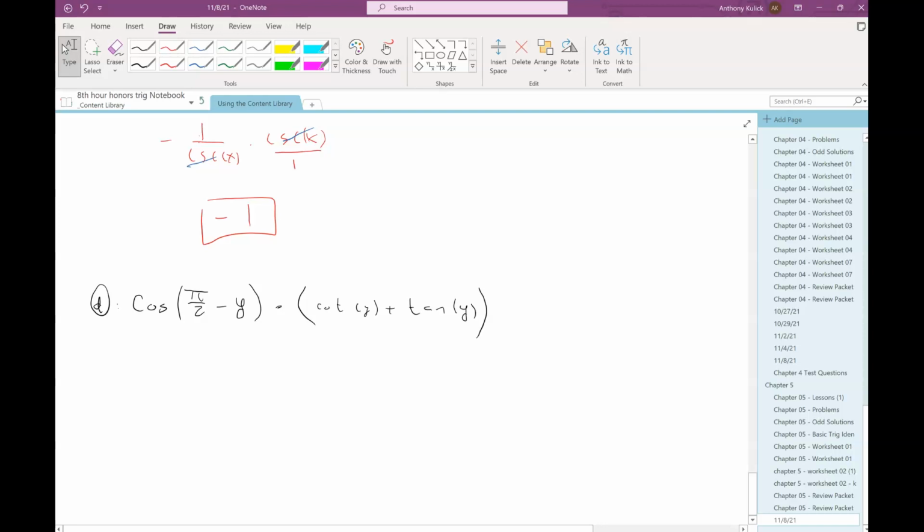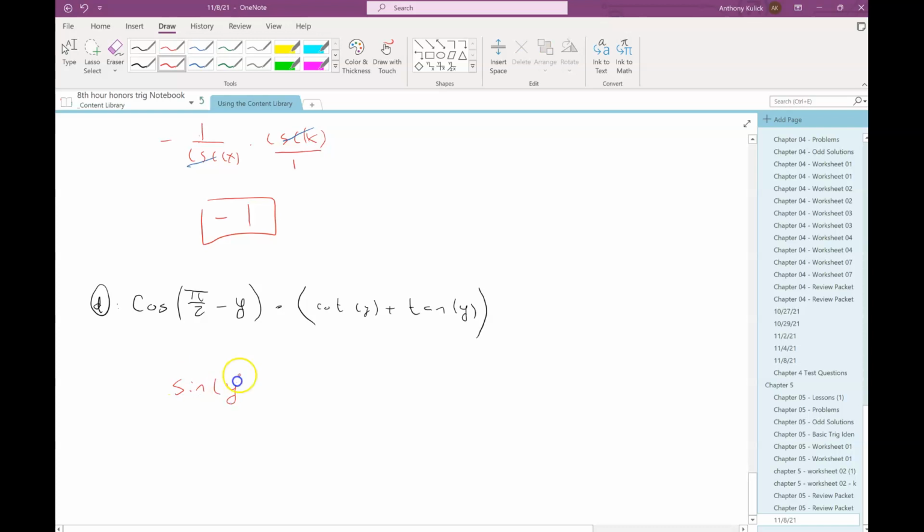What do you want to do here? There are lots of things that have to get taken care of. What would be the first thing you might want to take care of, Dominic? That cosine is sine. Yeah, let's get rid of that cosine of pi over 2 minus y.